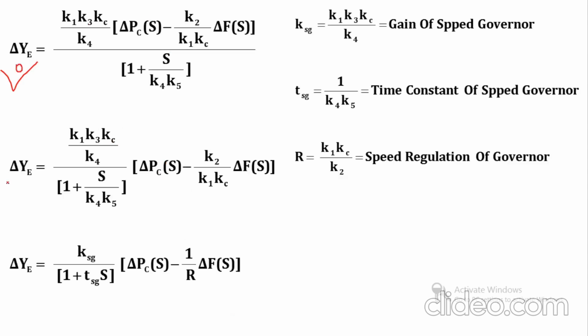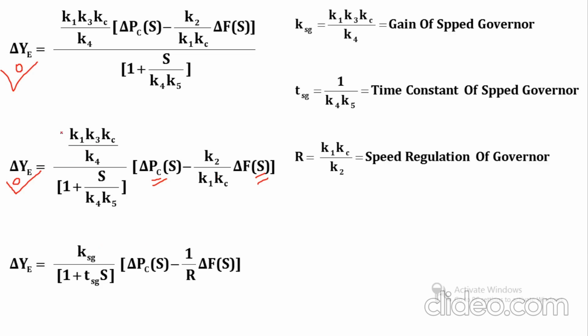Now I will write this equation with some arrangement. This is the numerator constant, this is the 1 plus S upon K4, K5, and this is our input. Now I will write all the constants with some symbolic representation.